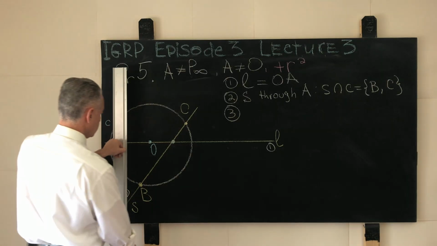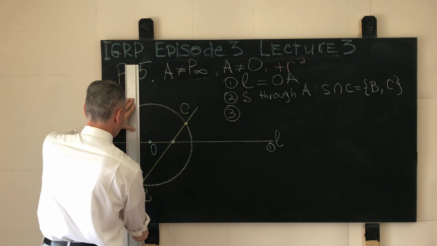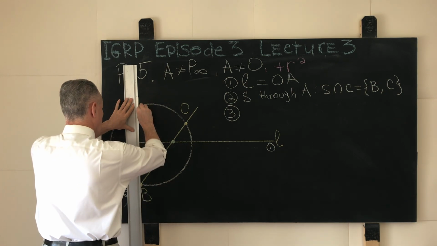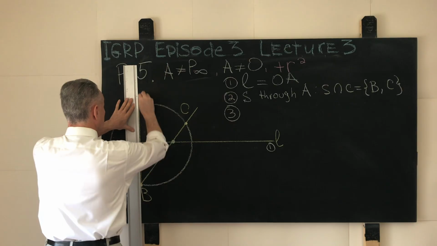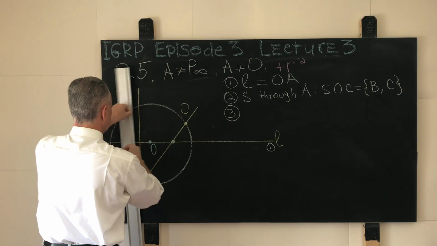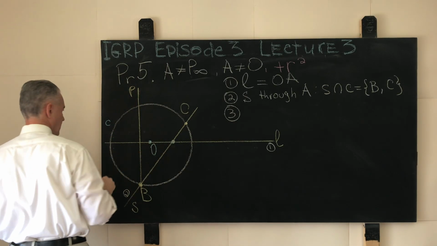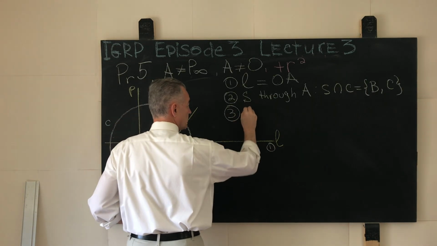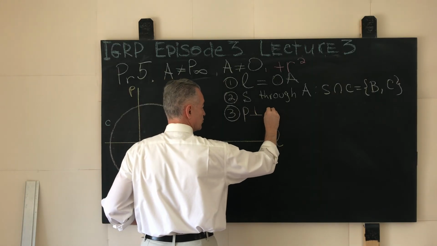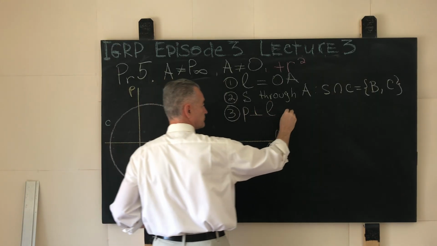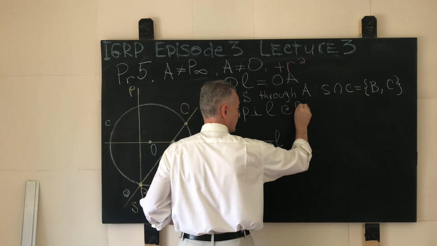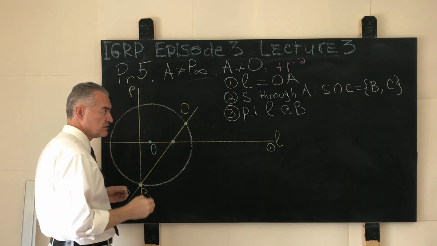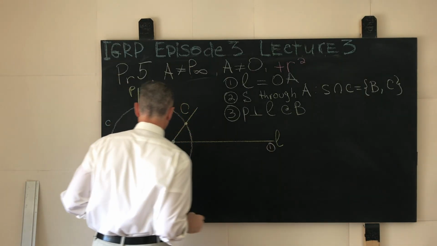We draw a straight line that is perpendicular. We will call that straight line P. P is perpendicular to our straight line L, through the point B. And again, once we present the polished solution, we'll have to find the right words to say what this point is.